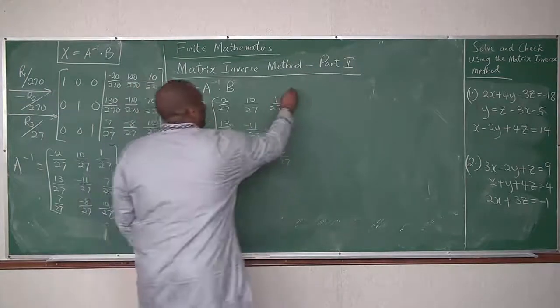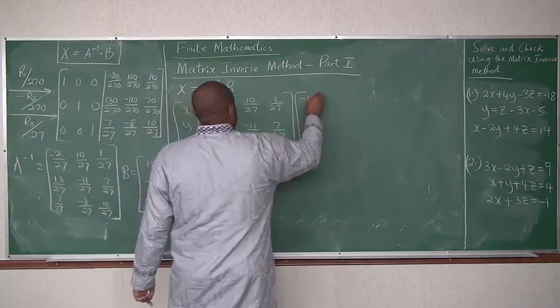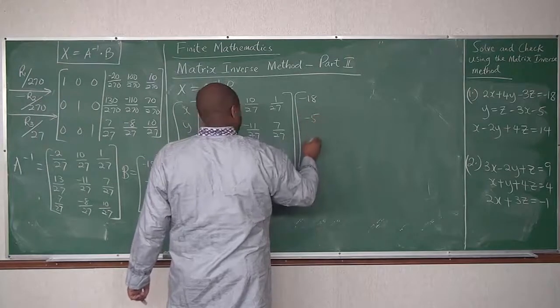And B is negative 18, negative 5, and then 14.